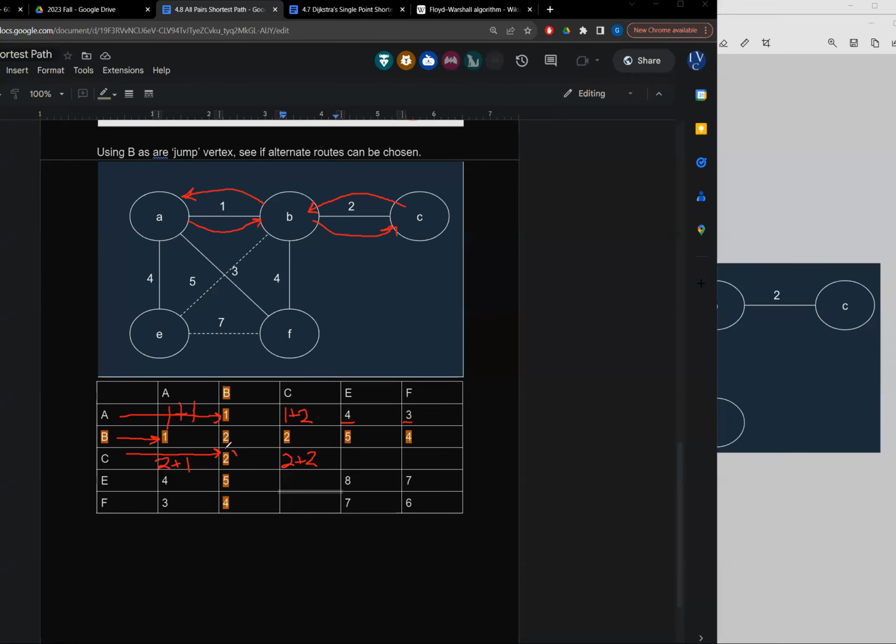So we're using my reference points here, this 2 and this 5, to see if we can improve the data. This 2 and that 4 to improve our data. We couldn't go to C because there was no path information with A as our context.